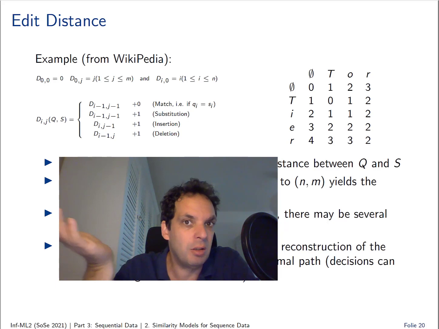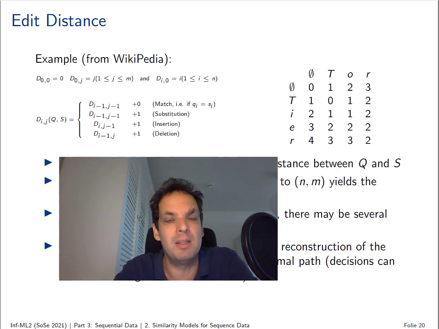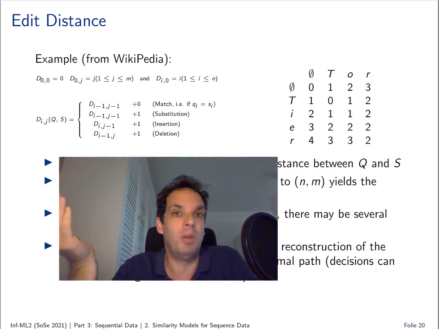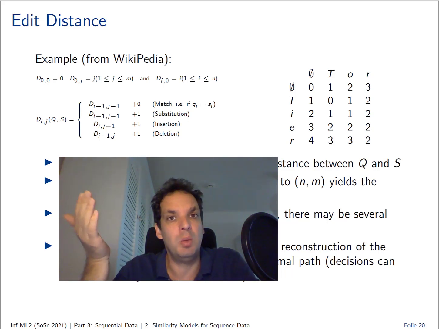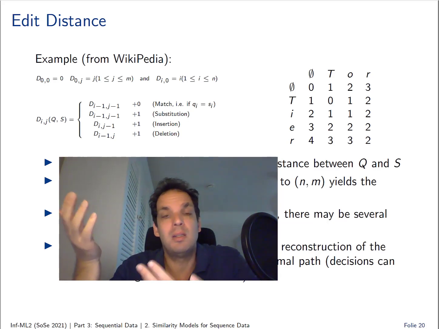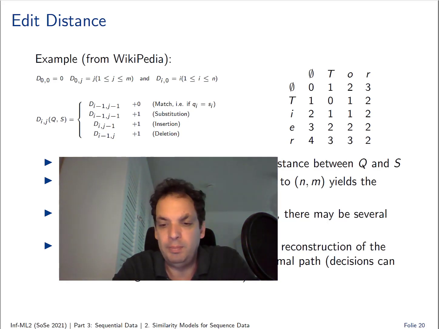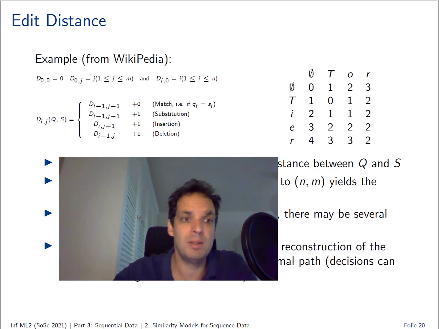So one of the side constraints, or the collateral damages, of the edit distance is that we have to compute the optimal alignment between the two sequences in order to get the edit distance, because the edit distance is the cost of the edit operations for the optimal alignment. And we can get that out of this matrix, and that is another nice, free collateral damage, a positive damage in that case. And we'll see how that actually works.